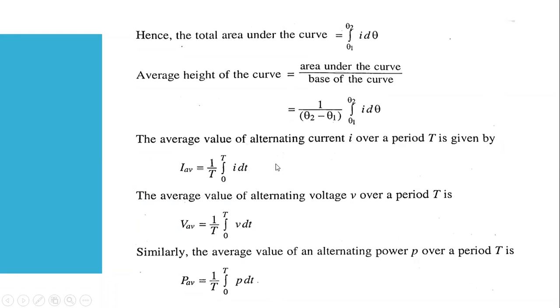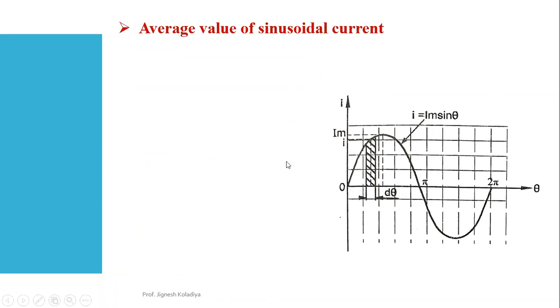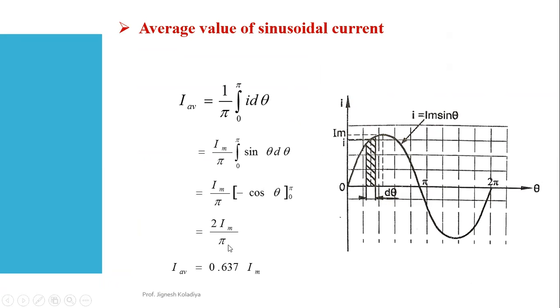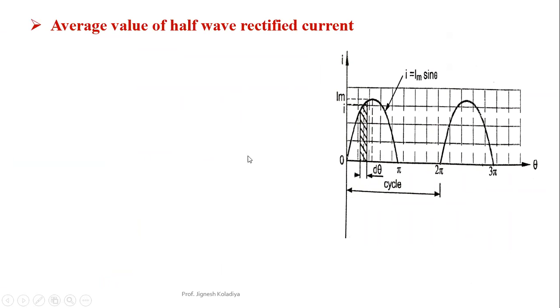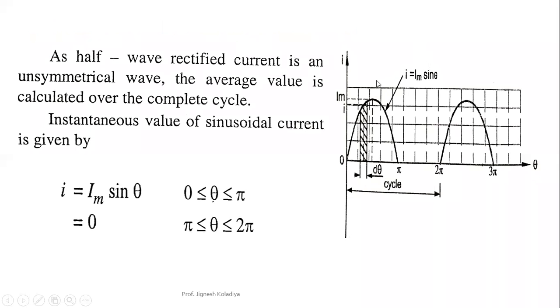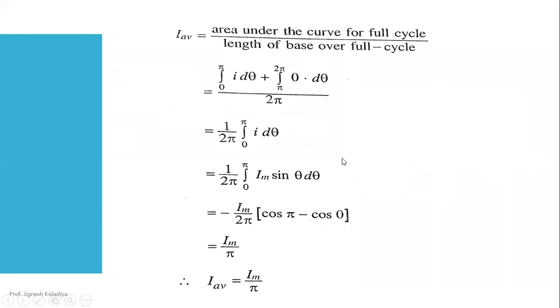By using this equation, next we found the average value of sinusoidal current, that we are getting 2 Im upon pi, or it is 0.637 into Im, right? And then the average value of half wave rectified current that we have discussed, and that is Im upon pi.